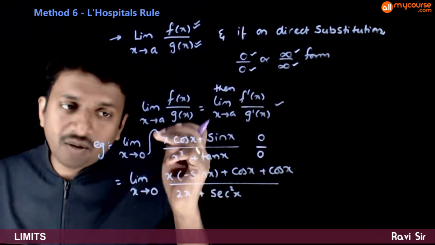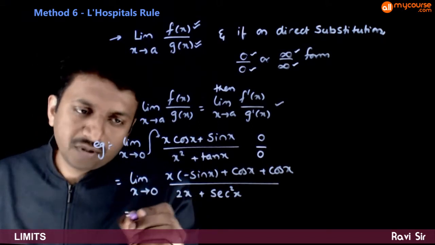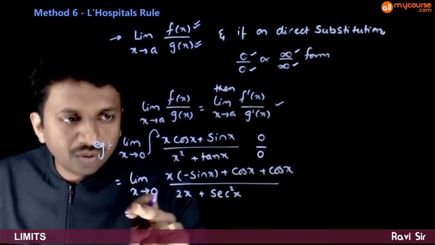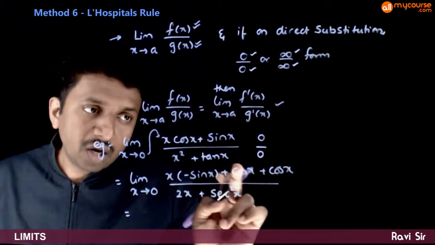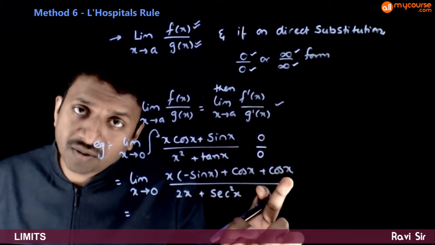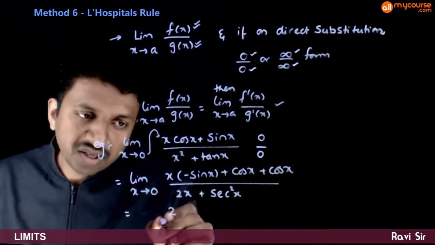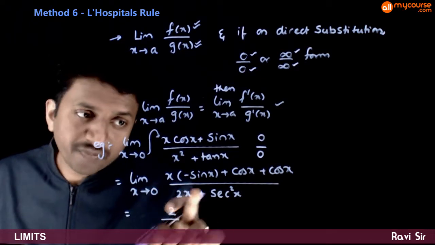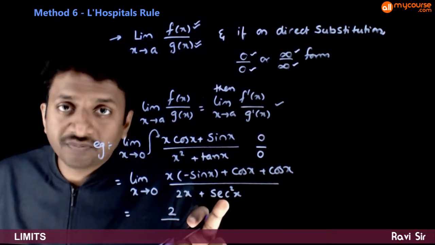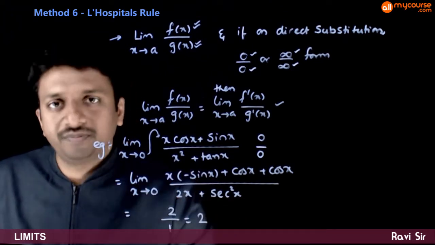So this limit will be exactly equal to the original limit. Now, again you do the direct substitution. So this is 0, cos 0 is 1, cos 0 is 1, 0 plus 1 plus 1 is 2, divided by 2x goes to 0, secant square 0 is 1. So 2 by 1 is equal to 2.